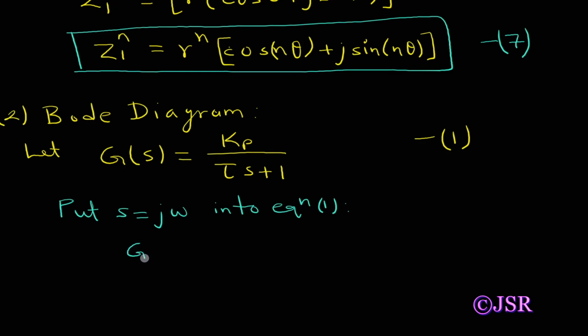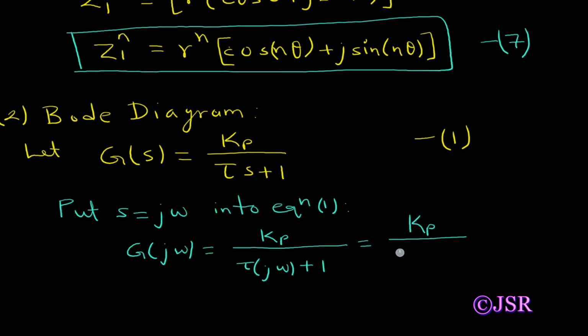So we will get G(j omega), and that will be equal to Kp upon tau j omega plus 1, and that is Kp upon 1 plus j omega tau.